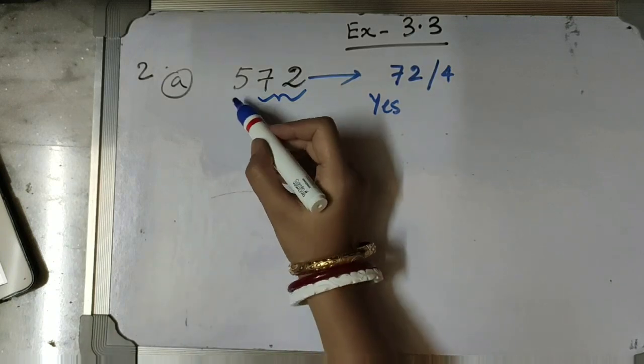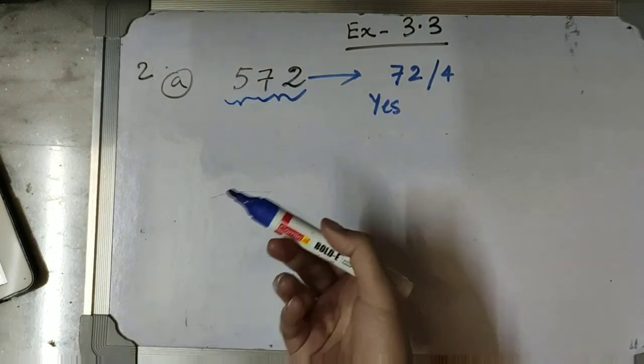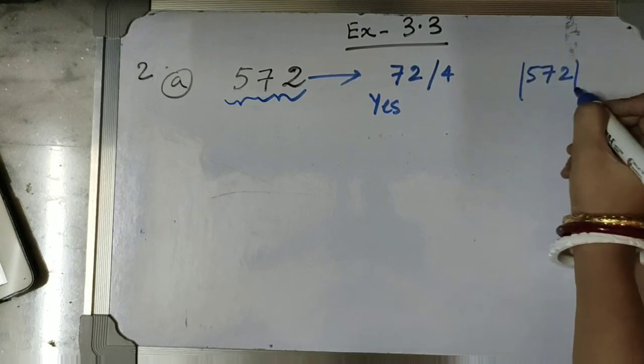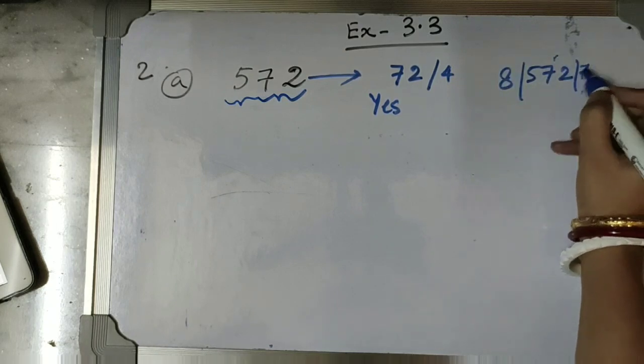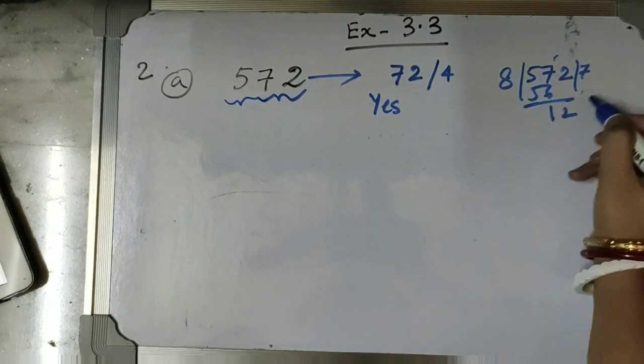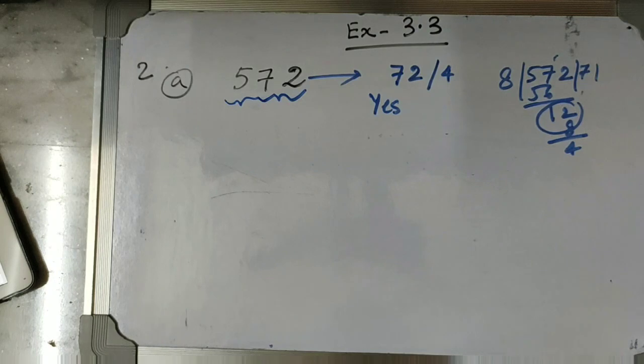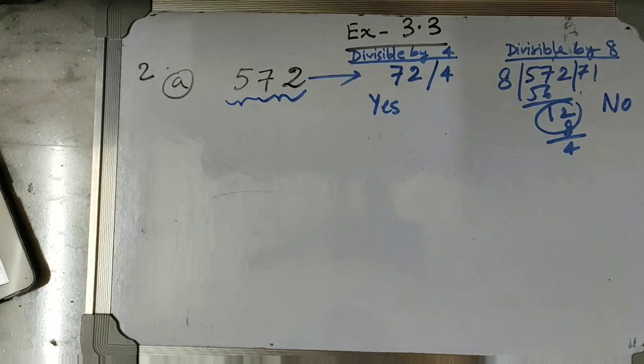Since this is a 3-digit number, we will check only by dividing the number by 8, and we are getting a remainder, so we can say that this number 572 is not divisible by 8. Okay, so let's do the next one.